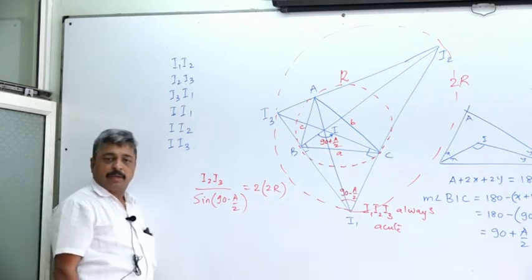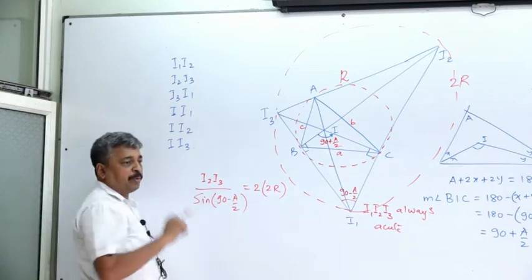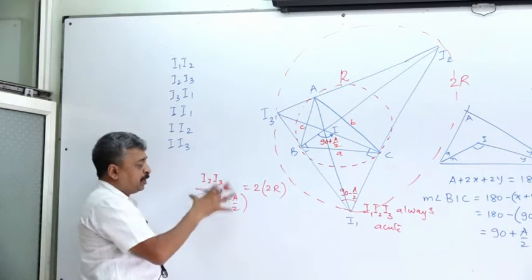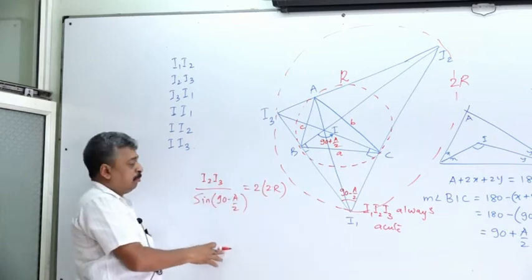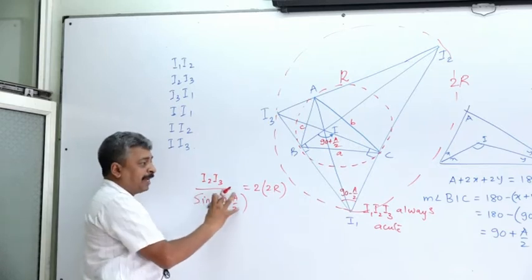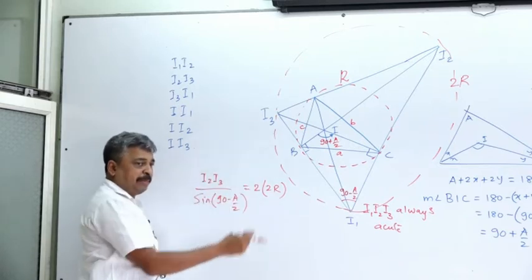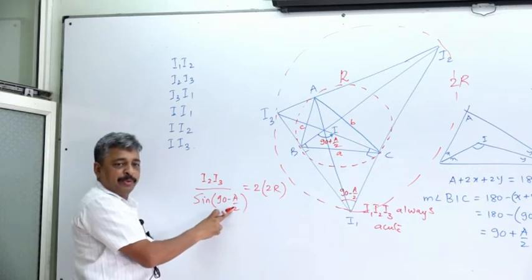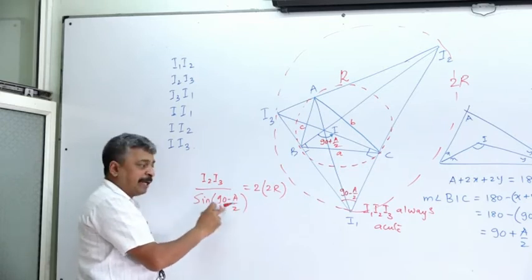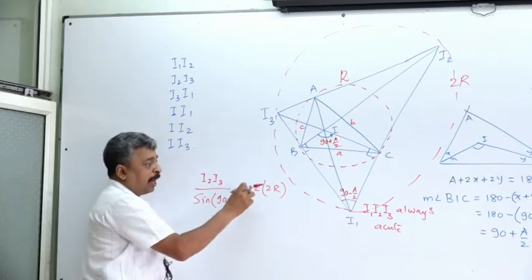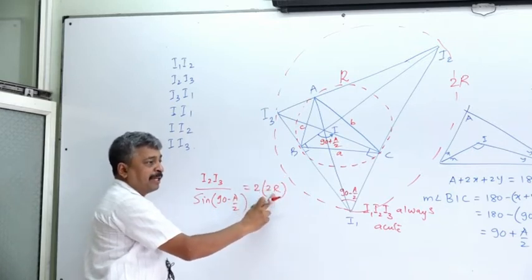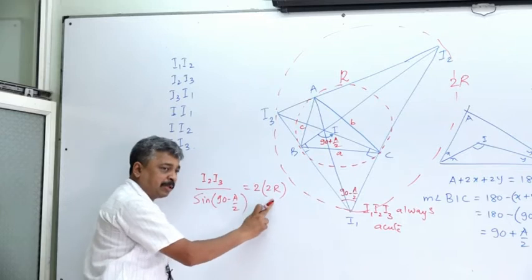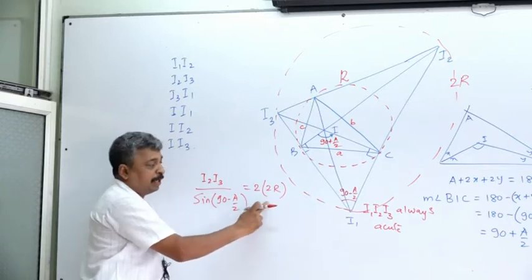Do you understand? This is the sine rule for I1, I2, I3: a upon sine A is equal to 2r. But this angle for us in terms of capital ABC is 90 minus A by 2. So sine of 90 minus A by 2 and 2r, this r is the circumradius of triangle ABC, therefore 2r is the circumradius of I1, I2, I3, 2 times of that.